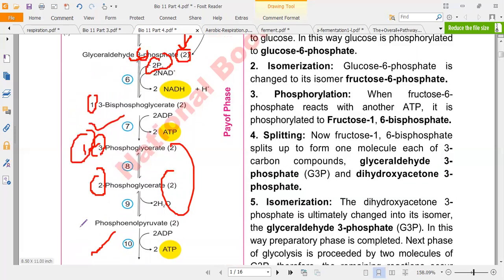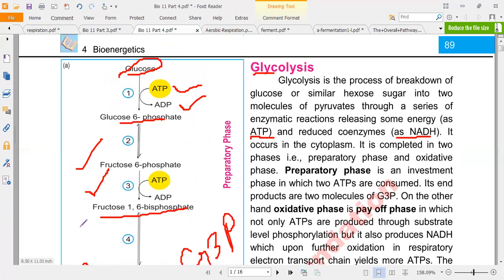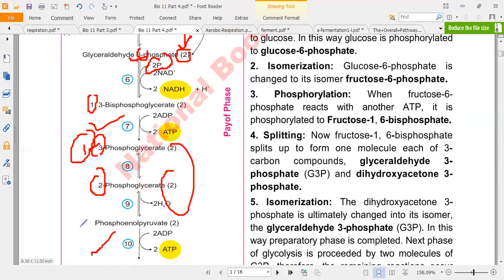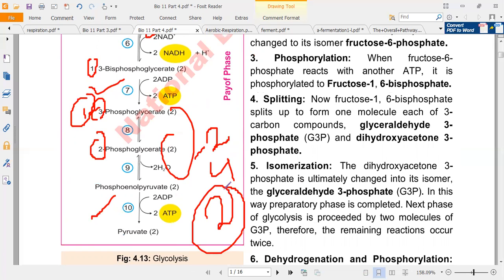So in all this reaction, we consumed 2 ATPs in the preparatory phase, and we are getting 4. These are 2 molecules of ATP each. So 2 we have consumed, and we get 4. So 4 minus 2, overall we are getting 2 ATPs in this reaction.